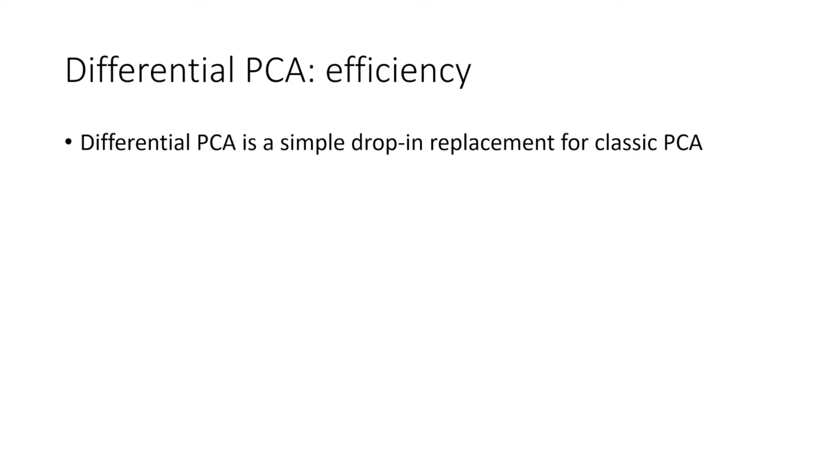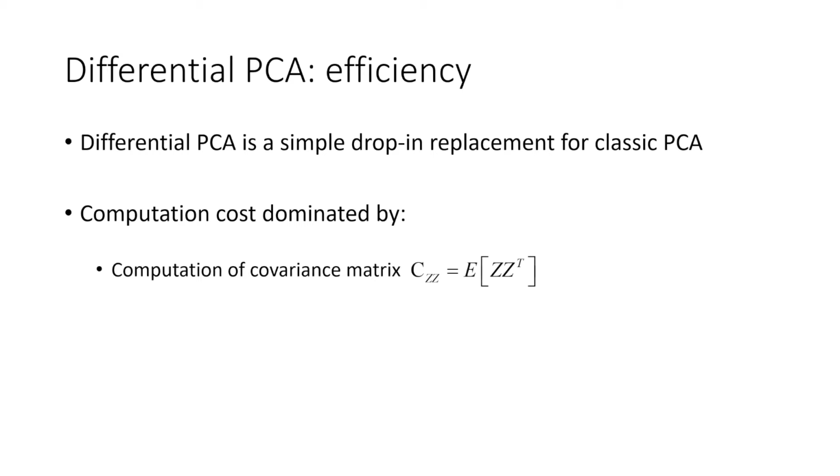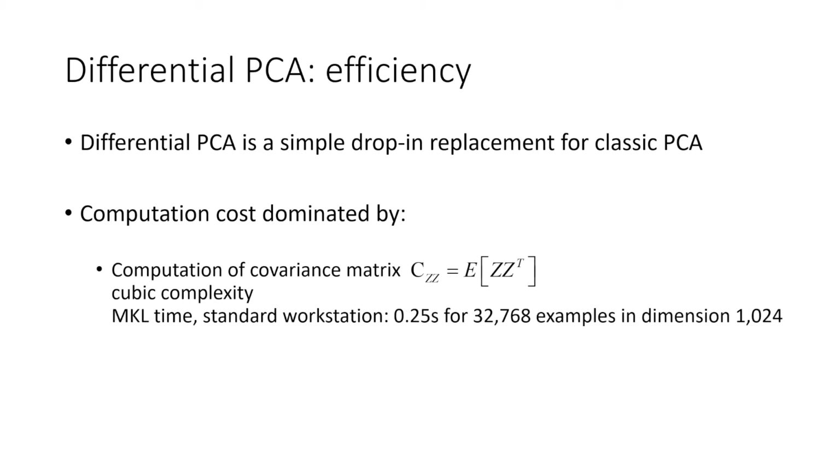What is the development and computation cost? If you have access to differential data, there is basically no development cost because differential PCA is PCA on differential data. The computation cost of differential data is small with AAD. The cost of differential PCA is dominated by two computations. First, the covariance matrix CZZ, of cubic complexity. A high-performance library like Intel's MKL computes the covariance of 32,000 examples in dimension 1000 in a fourth of a second on a standard workstation.